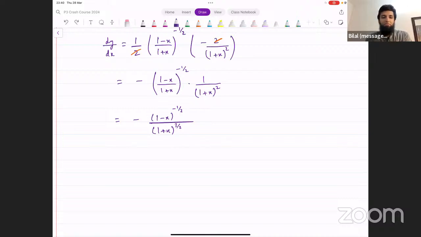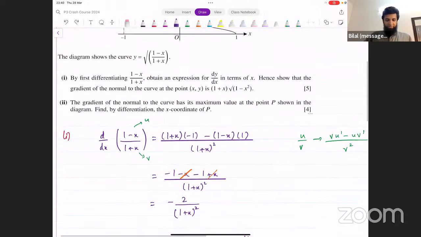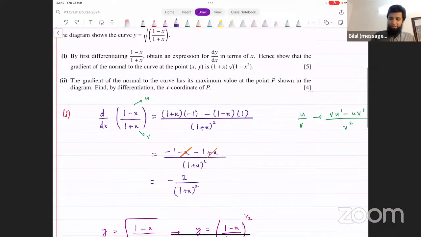Okay. Is that okay? Any problem with this? So that's dy over dx. Now it says, hence show that the gradient of the normal to the curve at the point x, y is 1 plus x into square root of 1 minus x squared. That's what we need to show. Gradient of the normal.